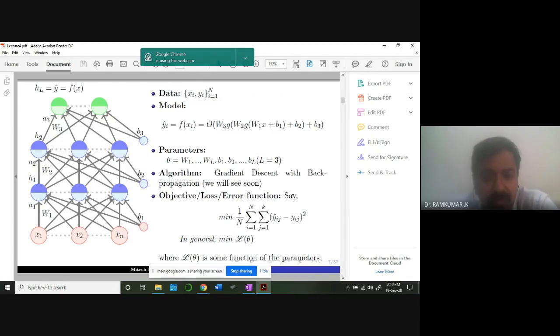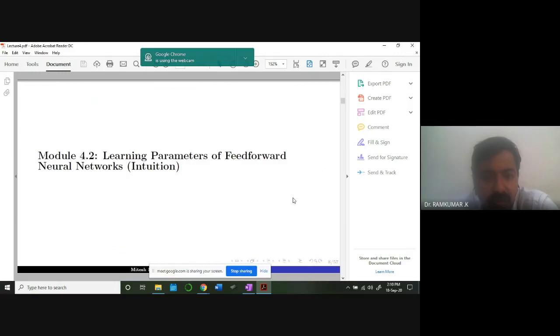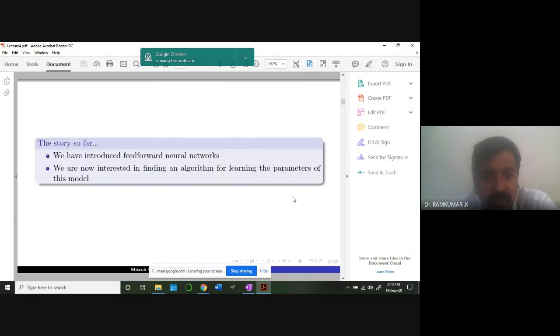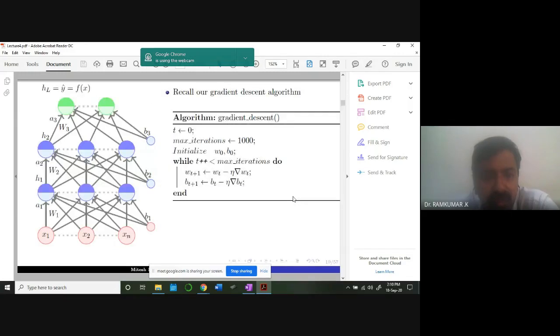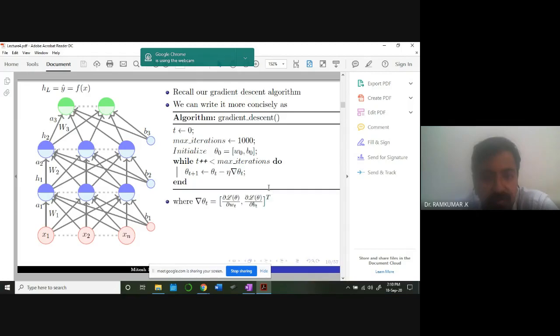This is the gradient descent learning rule, which we already learned. New weight equals old weight minus learning rate times delta W. Bias equals old bias minus learning rate times delta b. Delta theta t is equal to this.